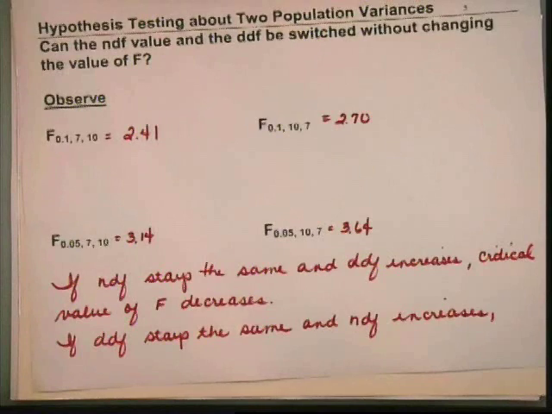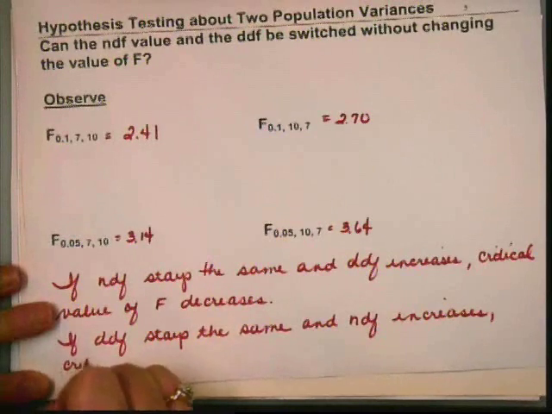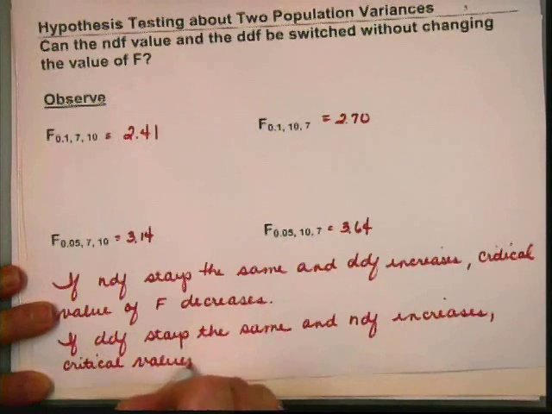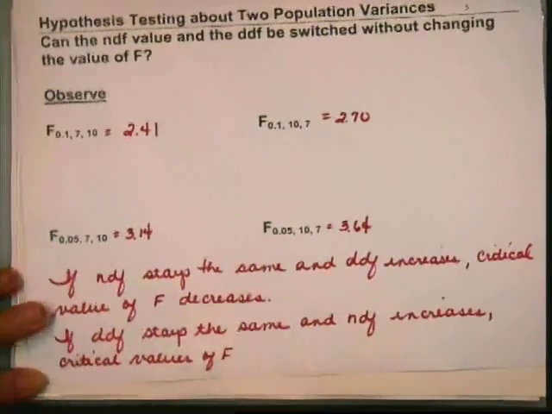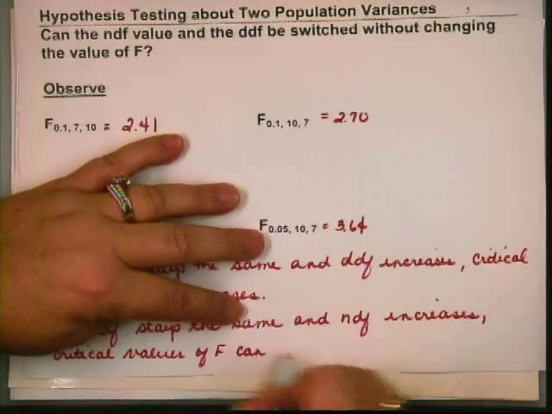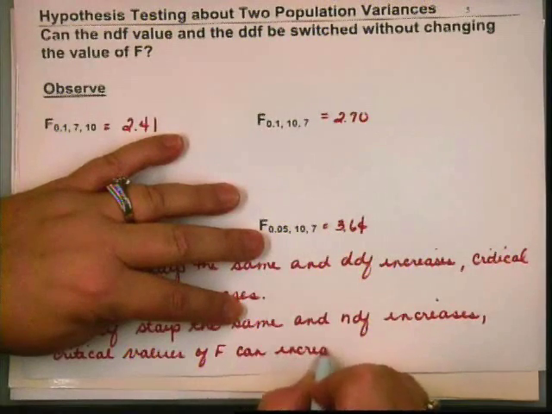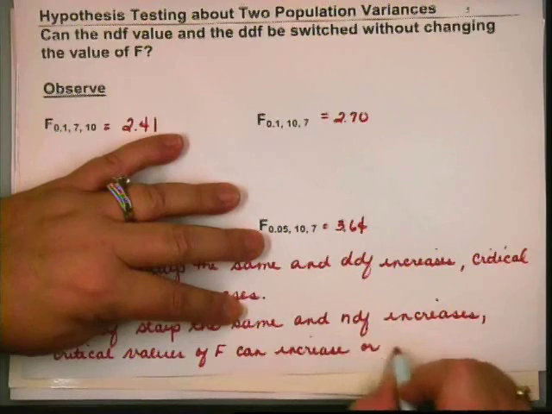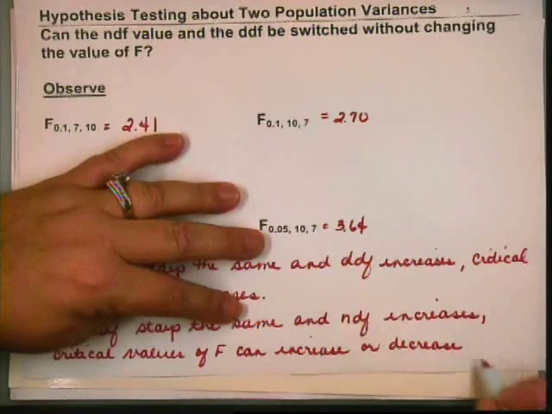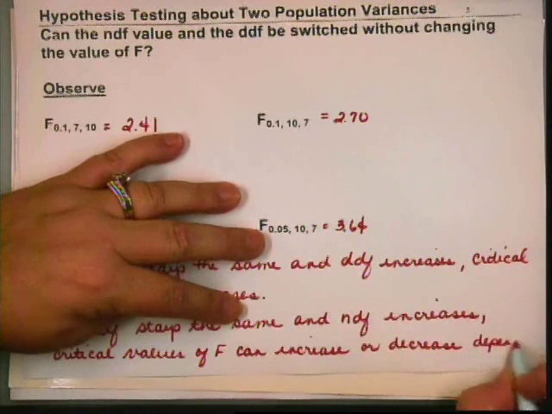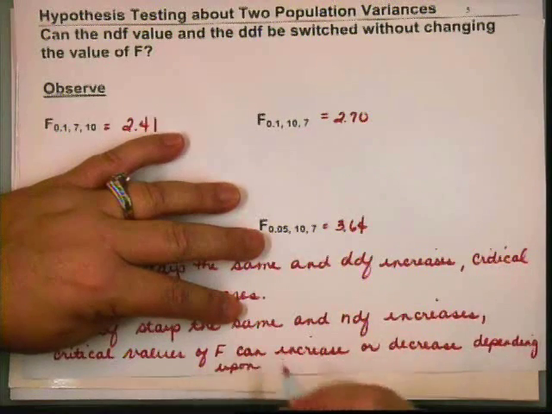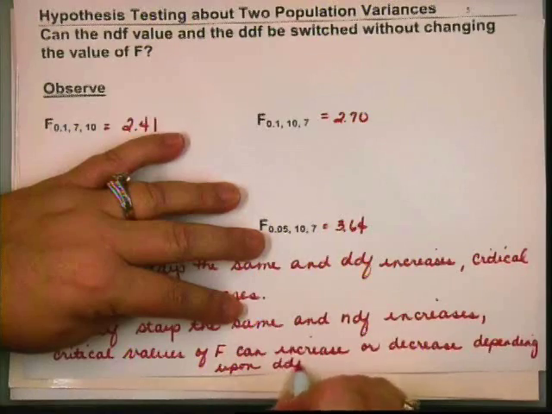Okay, so critical values of F can increase or decrease depending upon the denominator degrees of freedom we have.